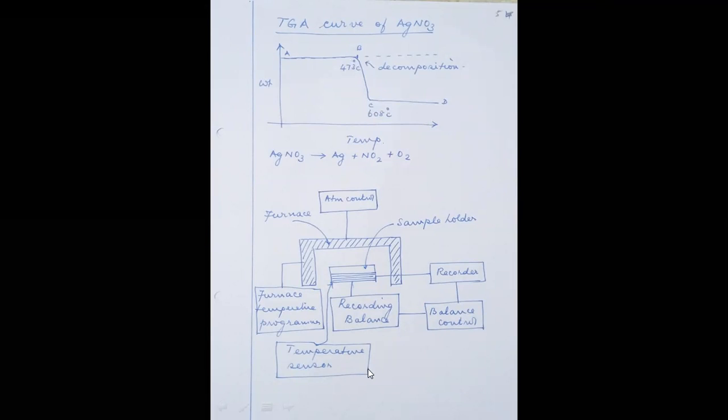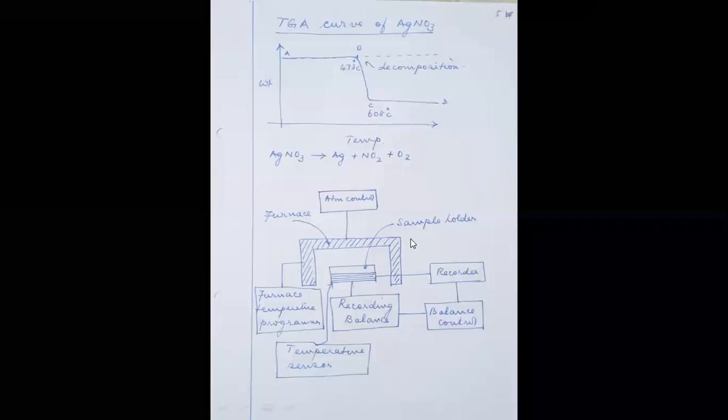And this is another, more detailed block diagram of thermogravimetric analysis. The first one is the atmosphere control, by which you can control the atmosphere kept inside this chamber. This is the sample holder, and this is the recording balance, balance control. All these things are interconnected. And then there is a temperature sensor kept over there to find out the accurate temperature of the sample. And then the furnace temperature programmer is also connected to the furnace.